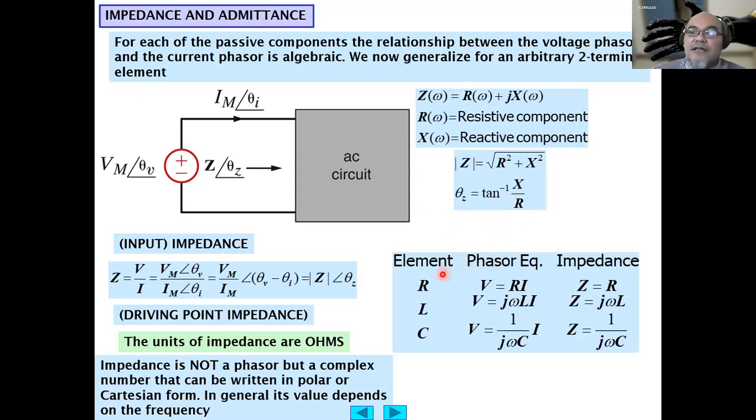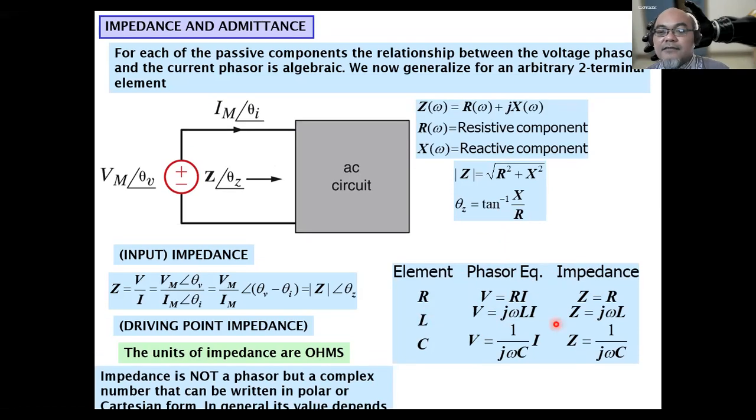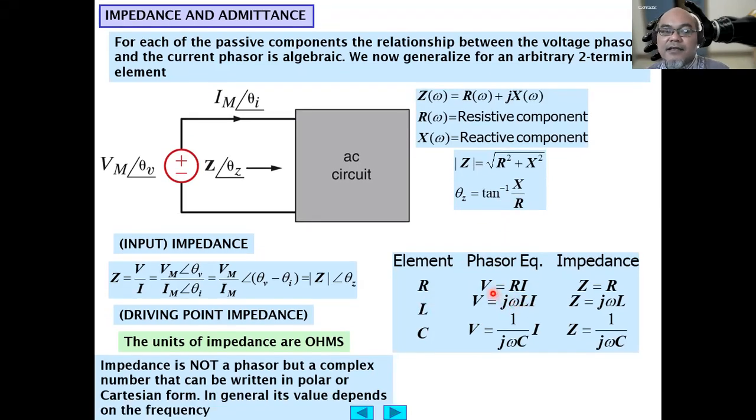So if we have a resistor element, the phasor equation will be voltage equals R times current. The impedance here will be voltage divided by I, which is the resistor itself. In an inductive element, the inductor, voltage equals j omega L I, as we have derived in the previous chapter, because the voltage leads the current by 90 degrees.